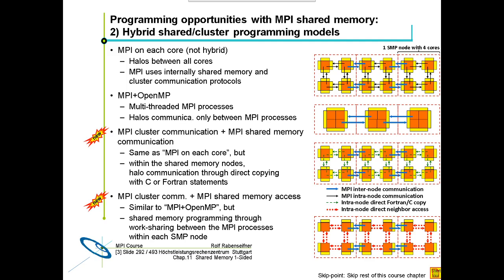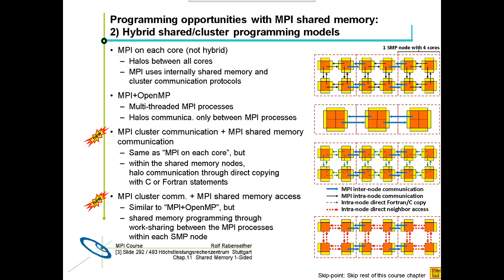We have a first way, completely MPI, not hybrid, on every process, so that every core, every CPU is having halos for the whole system that we are simulating, and therefore MPI needs to use communication routines, MPI send and receive, within one node to communicate all these halos.